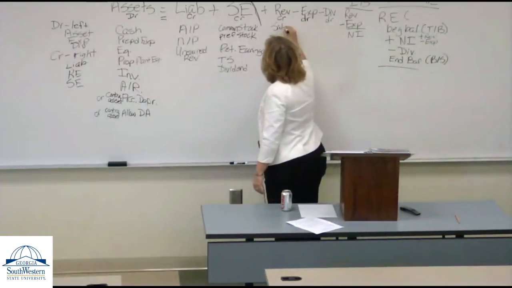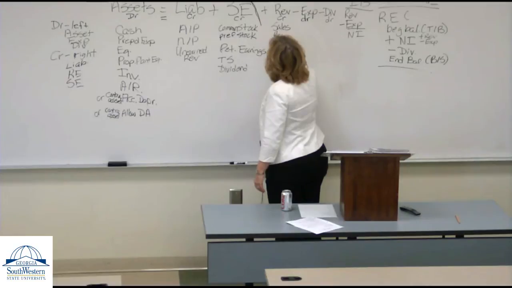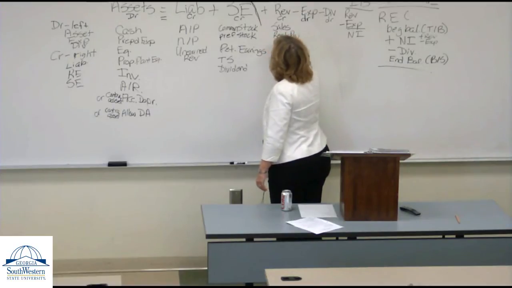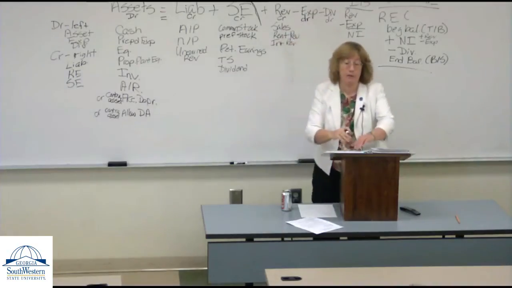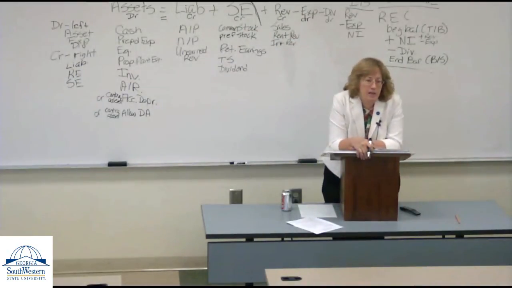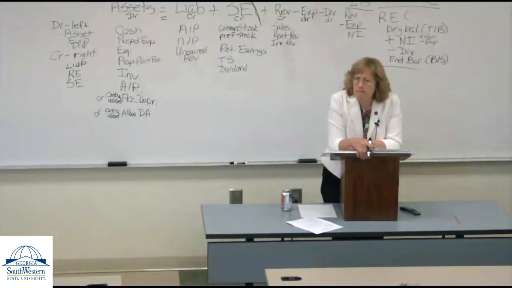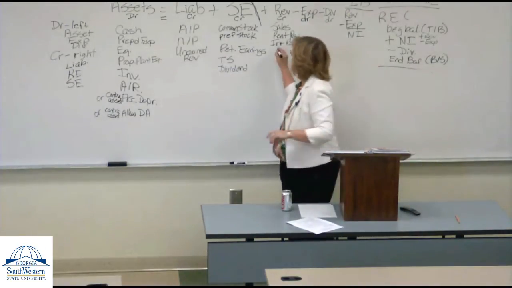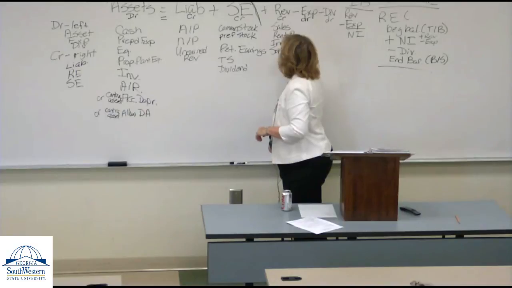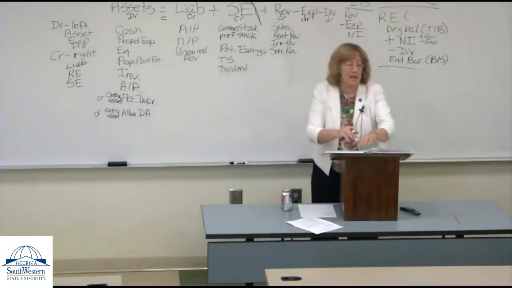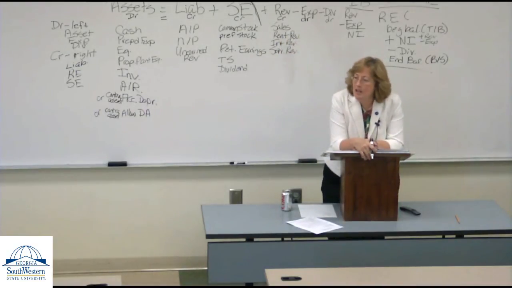Yeah, we do have rent revenue. What if I am an accounting firm and I do accounting work? What do we call that? Not sales revenue, but service revenue. Okay, so that's a bunch of different kinds of revenues, enough to get us started.